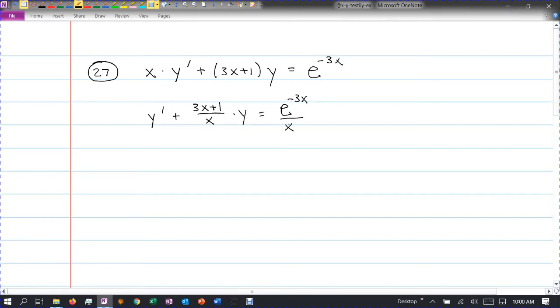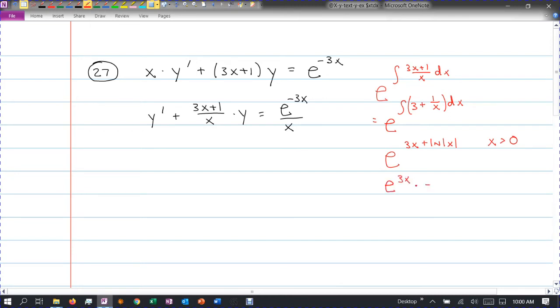All right, let's see how this works. We've got integrating factor e to the integral of 3x plus 1 over x dx, which is equal to e to the integral, this is just 3 plus 1 over x dx, splitting it up into two terms, and that's just e to the 3x plus natural log of the absolute value of x, but we'll go ahead and do a domain restriction here, and so we get e to the 3x times e to the natural log of x.